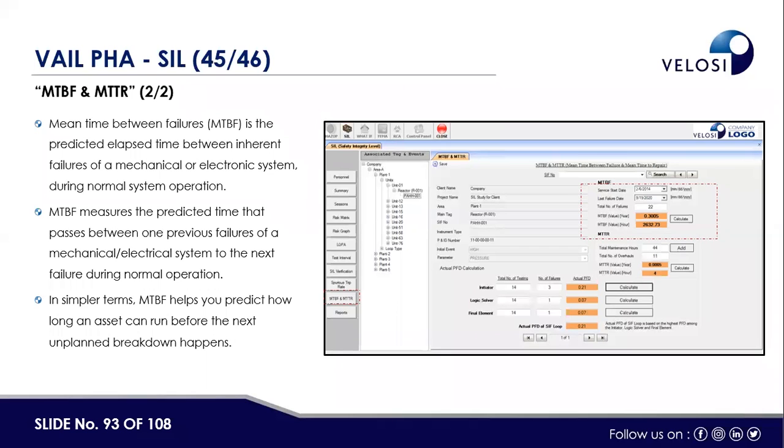MTBF measures the predicted time that passes from one previous failure of a mechanical or electrical system to the next failure during normal operation. In simpler terms, MTBF helps you predict how long an asset can run before the next unplanned breakdown happens. So both MTBF and MTTR can be calculated in this SIL module of VAIL-PHA.